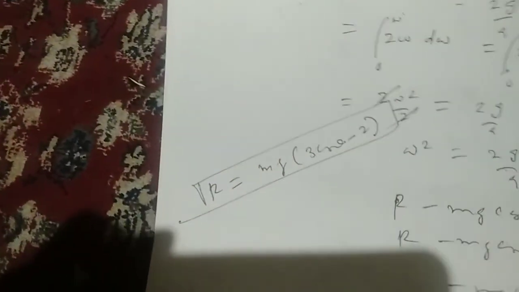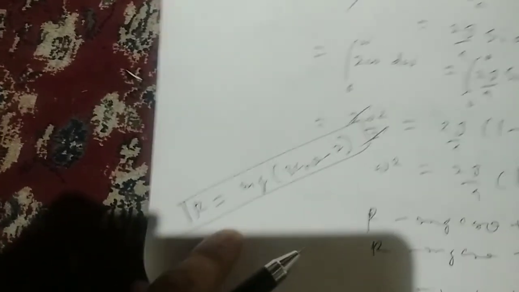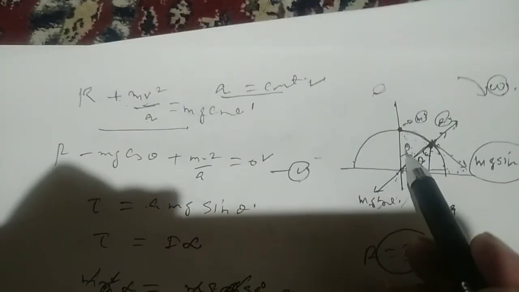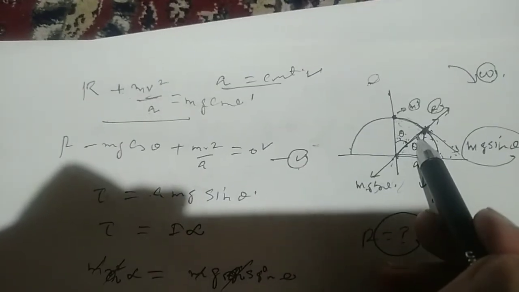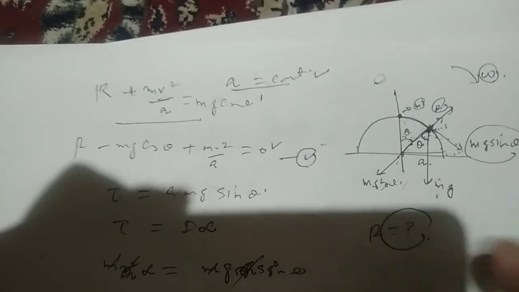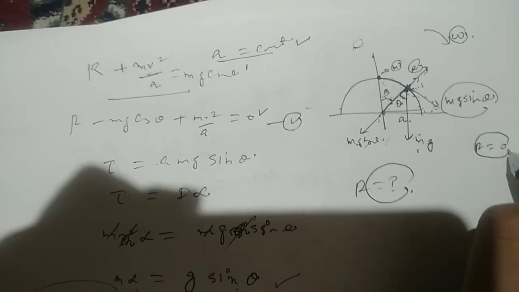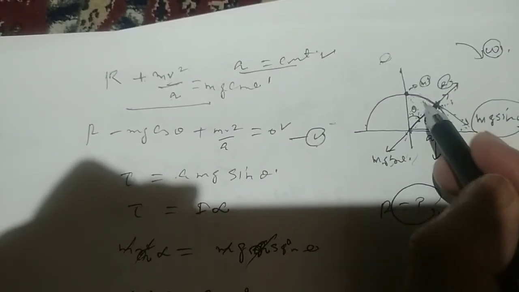Now it is also given in the question to calculate the value of theta when the particle will leave the surface. What I mean to say here is simply that I need to calculate at what value of this angular coordinate theta the particle will leave the surface. When the particle leaves the surface, we know that the normal force will be 0, because normal force is a type of contact force, so there remains no further contact between the surface and the particle, and this normal force will vanish.